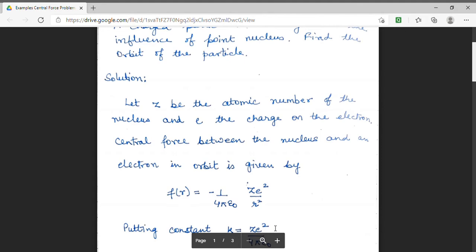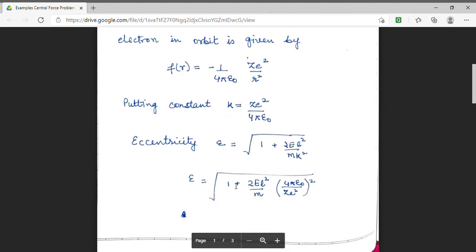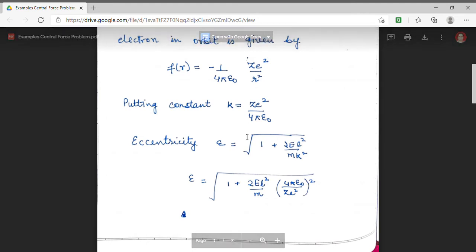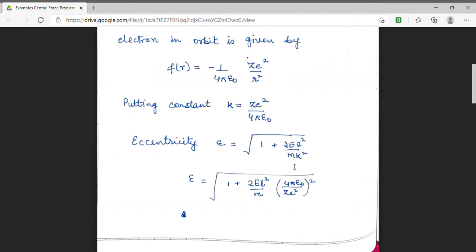Now we know that eccentricity can be expressed in terms of total energy E, and the formula that we derived in our previous lectures for eccentricity is epsilon equal to under root 1 plus 2E L square upon m k square. So, substituting the value of k, 1 plus 2E L square upon m, and the value of k we have determined as Z e square upon 4 pi epsilon 0, this whole square.